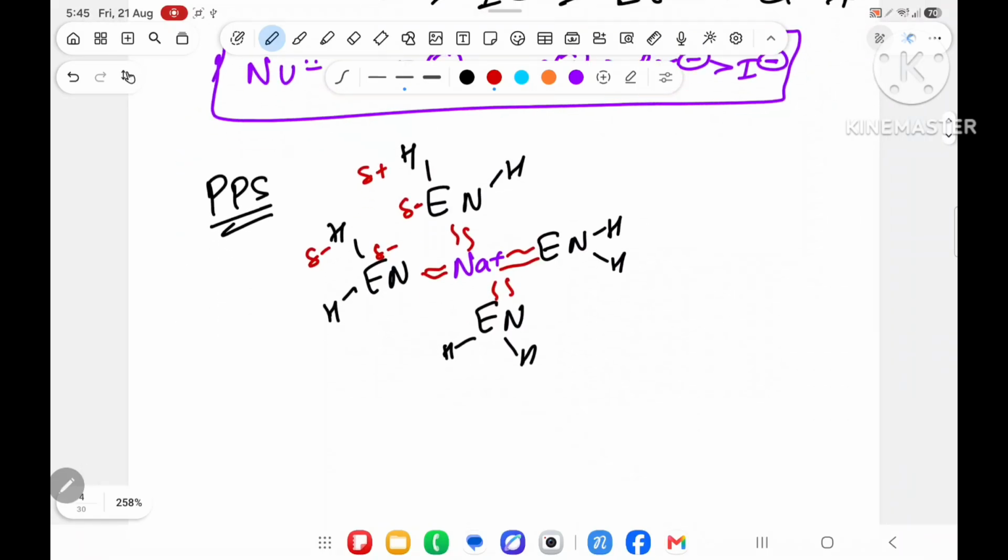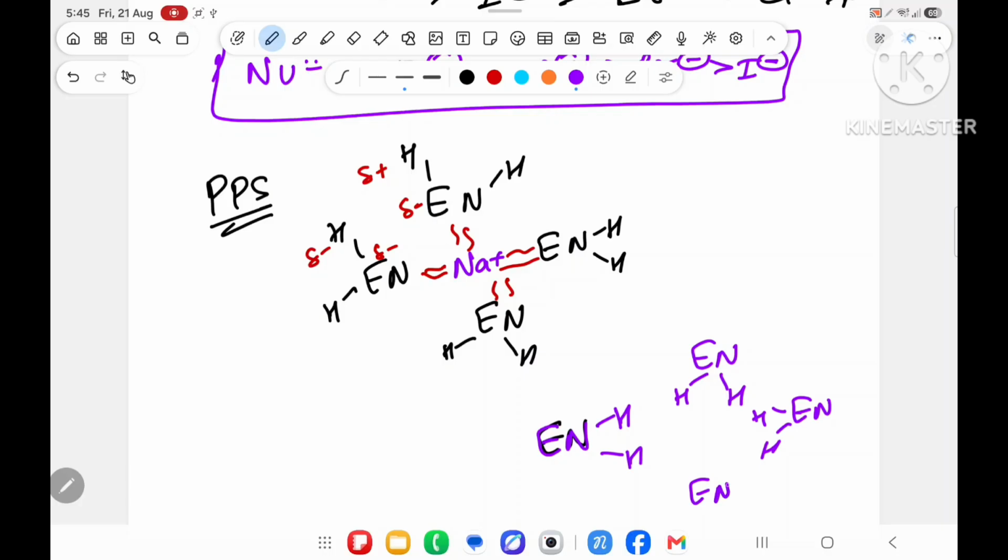At the same time, the hydrogen del plus will capture the electronegative anion. Previously I minus, F minus, Cl minus were free to move. But this time, because of the polar protic solvent, they are also not free. They are also inside the cage-like structure. Suppose you have taken F minus.